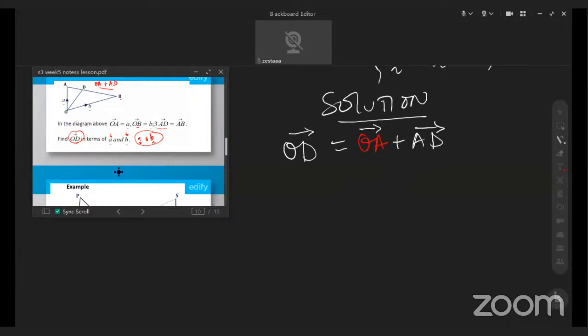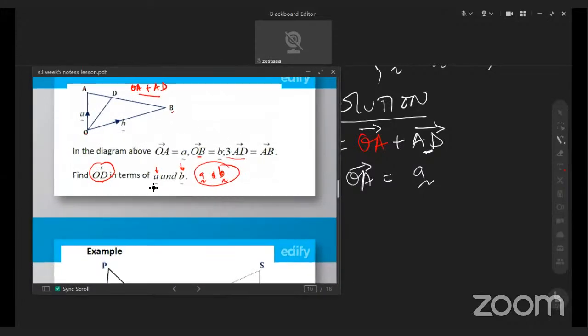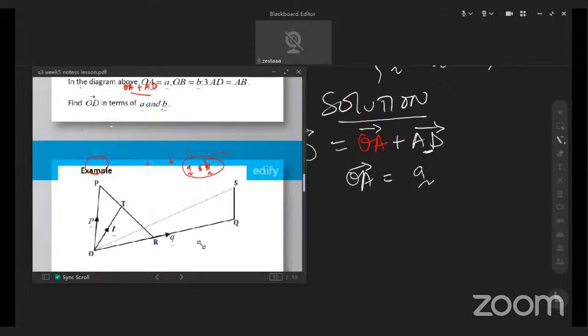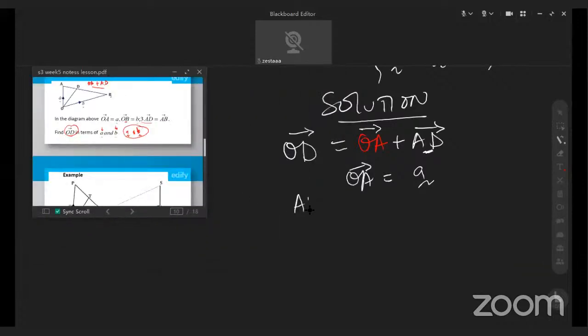But we know our OA is equal to vector A. But we have a challenge of finding AD first, because we don't have AD in the form of A and B, from A up to D. So we need to find our AD.